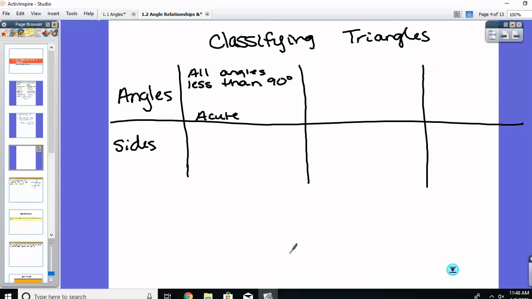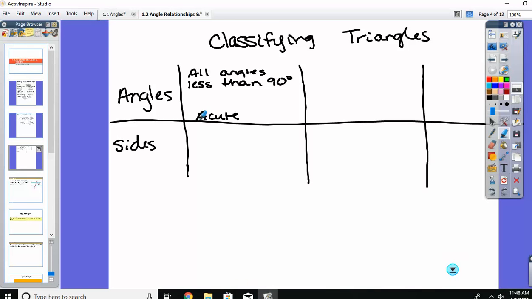An acute triangle is one where every single angle measures less than 90 degrees. What is a right triangle? It has a 90 degree angle. One right angle. You can't have 2 right angles, then it wouldn't be a triangle anymore.